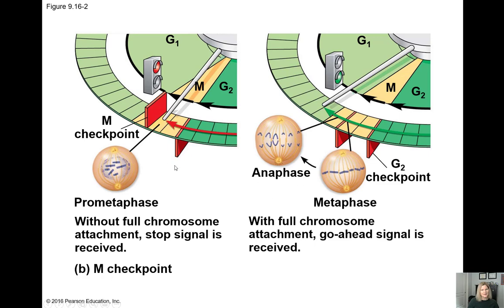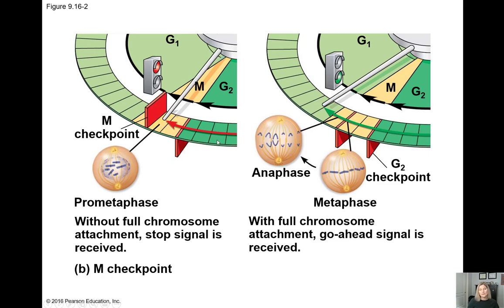Seems like these, oh, okay, that's why, because this one would be up. So imagine this red flag right here. There wasn't a separate figure, that's why. But before it goes into mitosis, it hits the G2 checkpoint right at the end of G2.